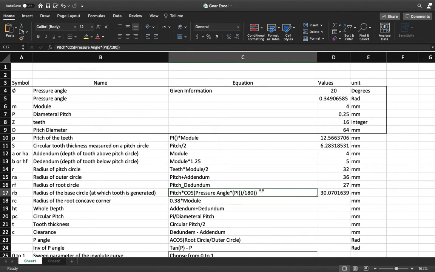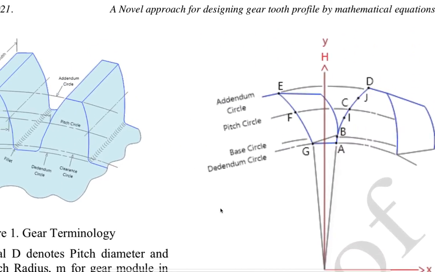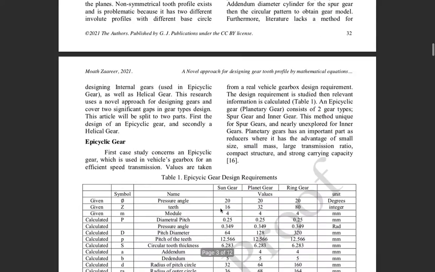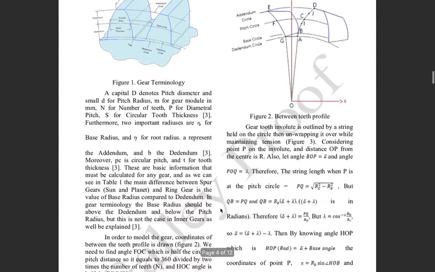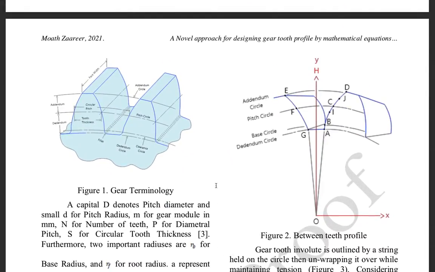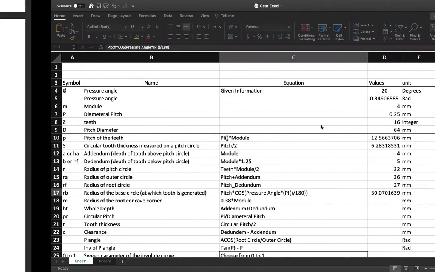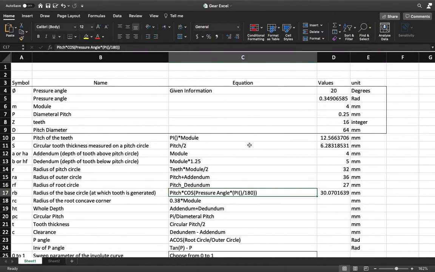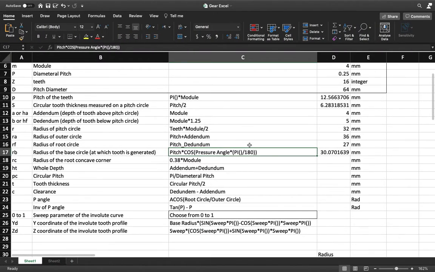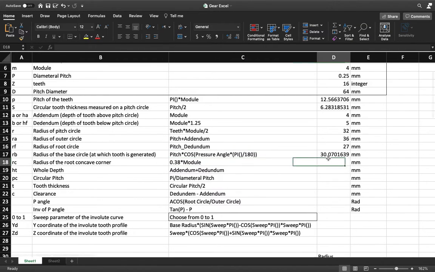In terms of why this is the case, it goes back to the theory. You can read about this later, but this is a derived equation. It depends on the theory.